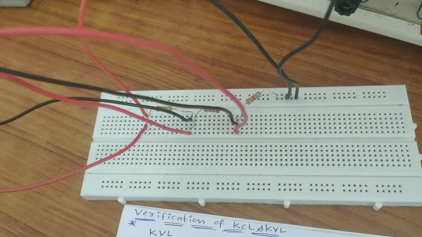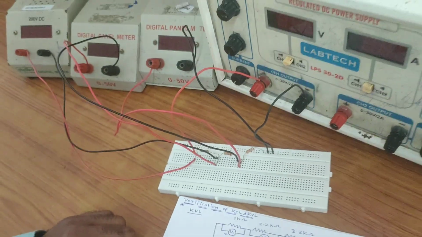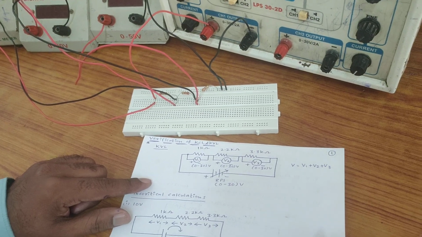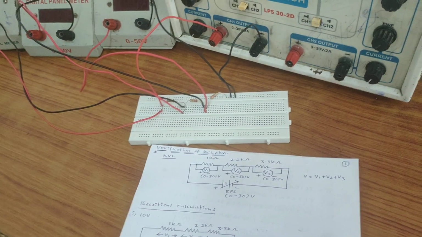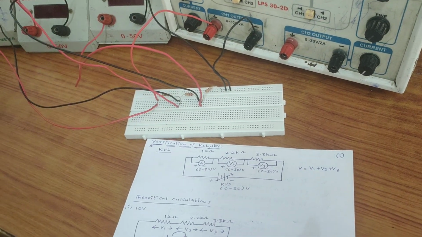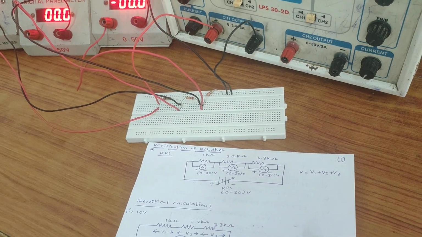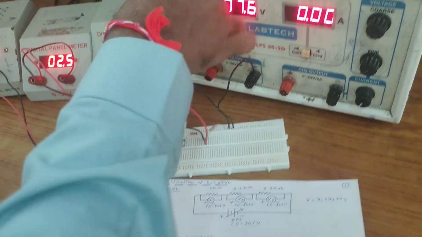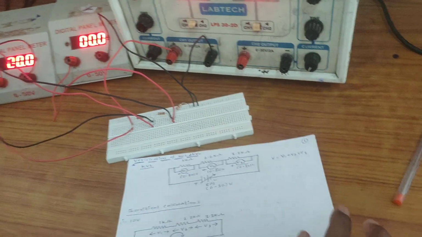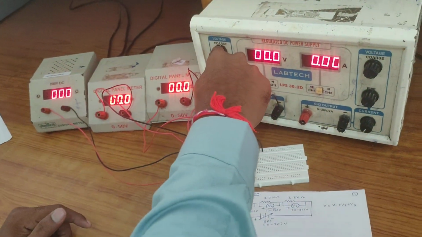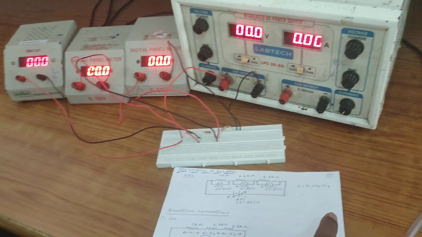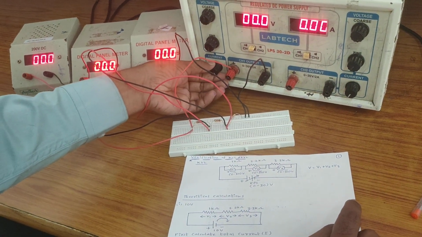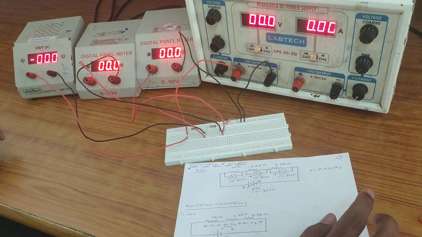Now coming to the procedure, observe the figure. Connections are made as per the circuit diagram. Switch on the power supply. Initially, the voltage coarse and voltage fine values should be in minimum position, and the current limiting value should be in maximum position to avoid overloading.